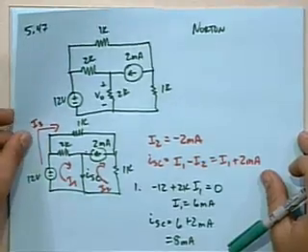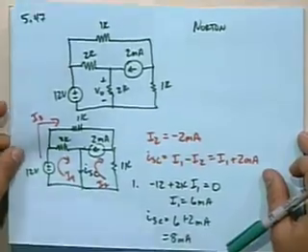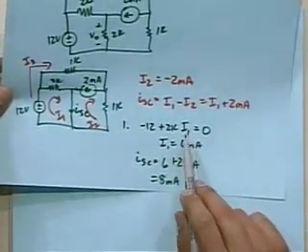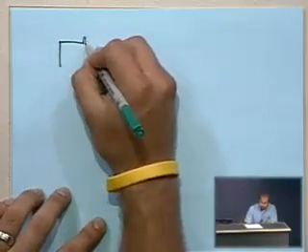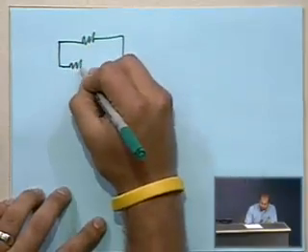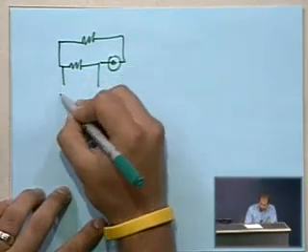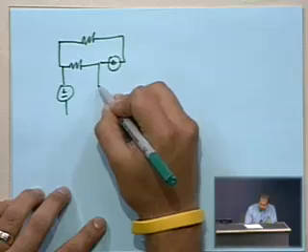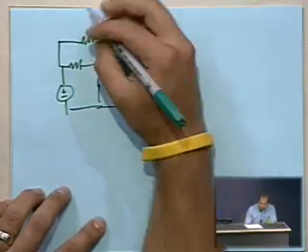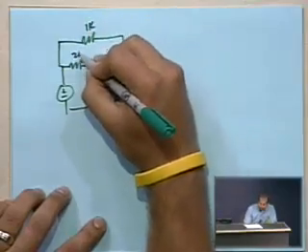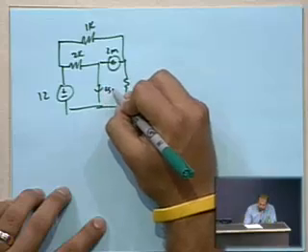Just to be safe, I want to do this one with the super mesh because this worries me a little bit. 1K, 2K, 2 mils, 12 volts, ISC.